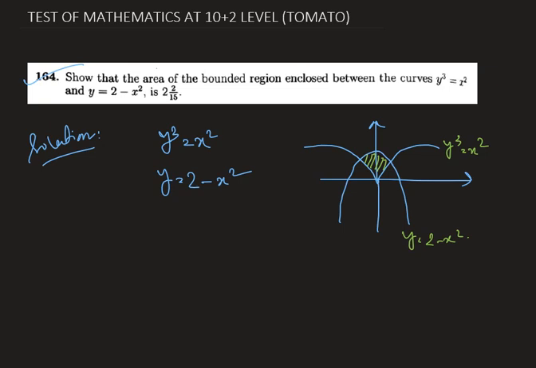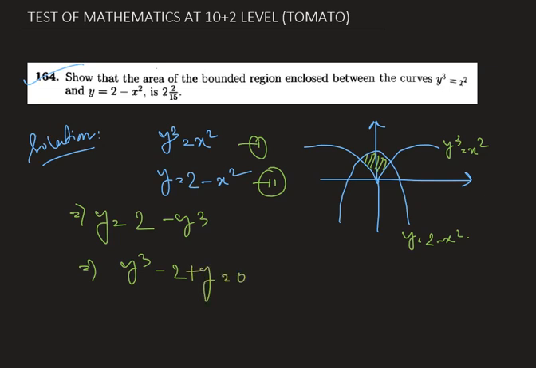Now, using these two equations, we have to find the point of intersection of these two curves. We can say that y equals 2 minus y cube. Therefore, we get y cube plus y minus 2 equals 0, which implies that (y minus 1) multiplied by (y square plus y plus 2) equals 0.